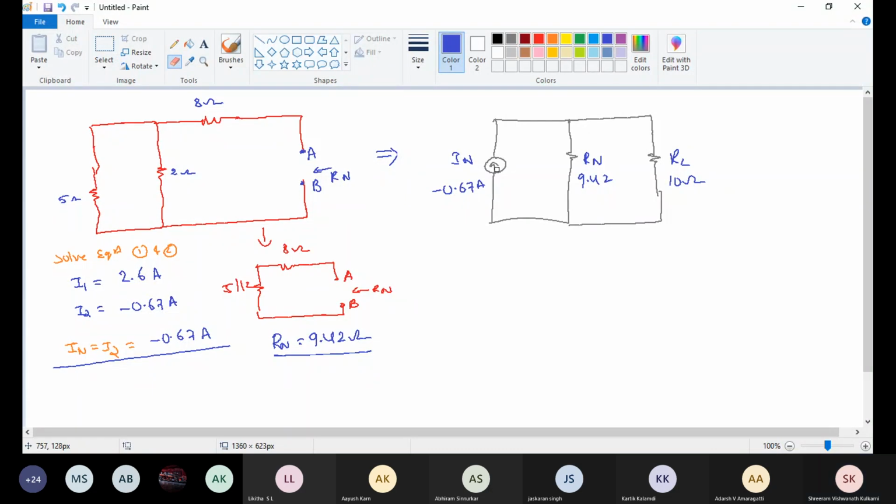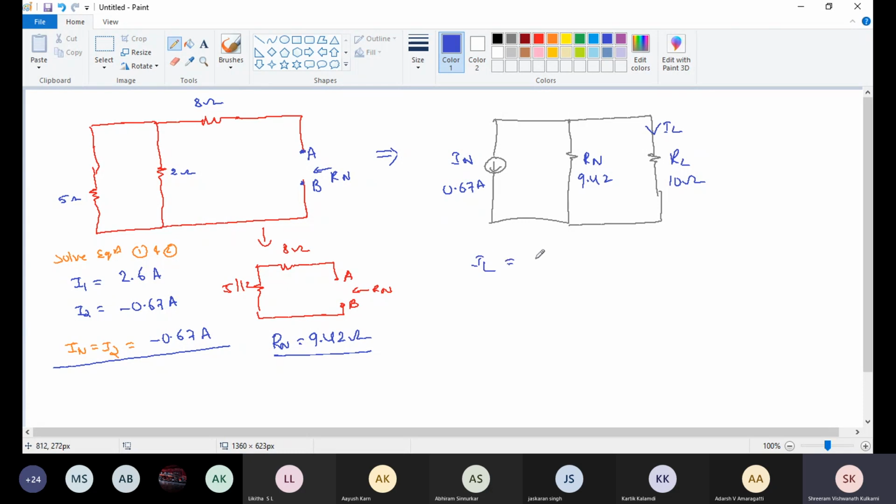Here this IN I marked like this, in the sense the current is flowing like this. Now I need to find IL, the current flowing through RL.